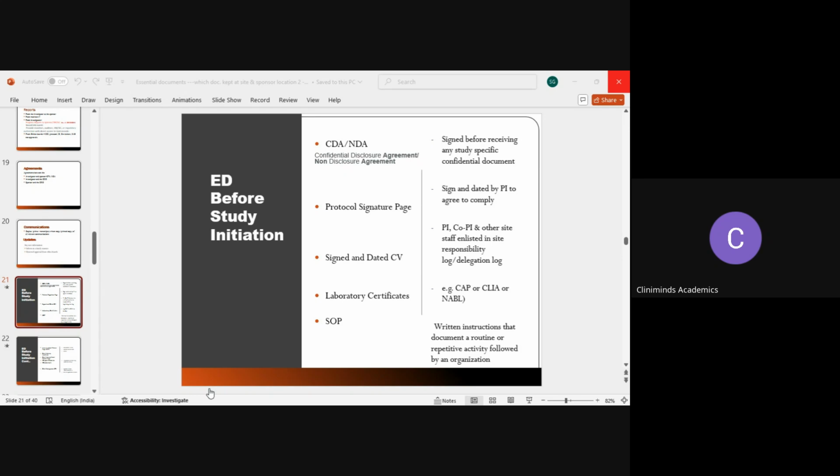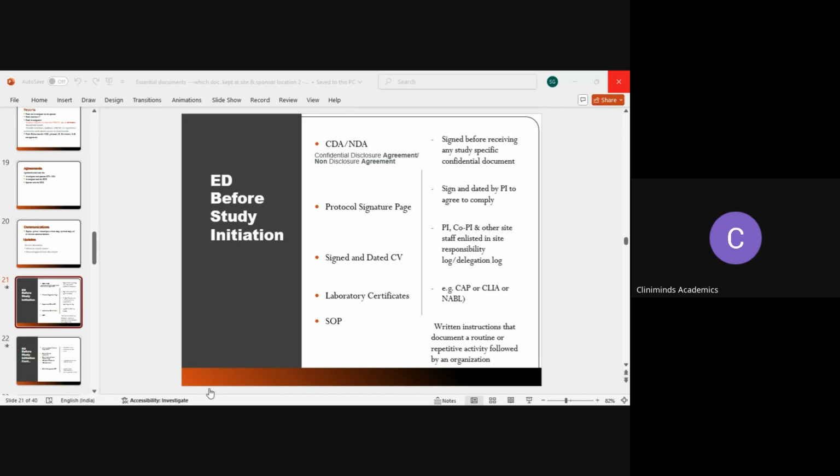In this agreement it states that whatever trial related information the sponsor is sharing with the trial site, the investigator is not going to share or disclose this trial related confidential information with any other team or parties. So if the investigator agrees that yes, I'm not going to share this trial related information with any other parties or study teams, then they will sign this CDA agreement and return it back to the sponsor.